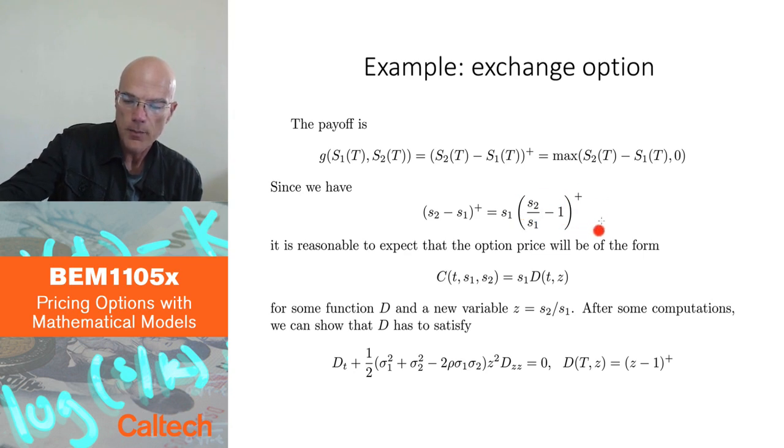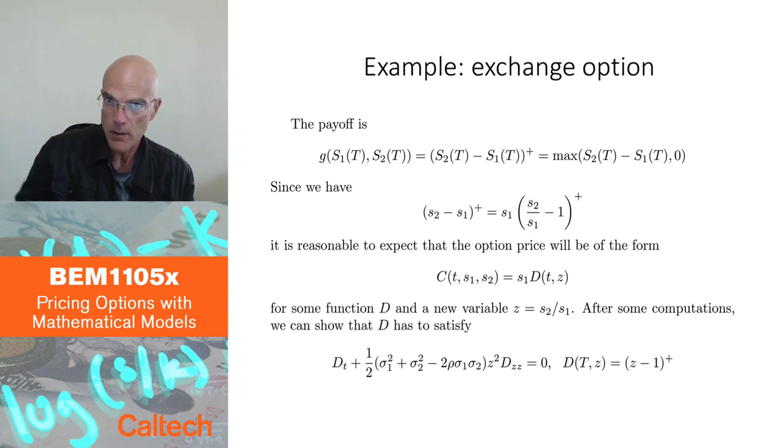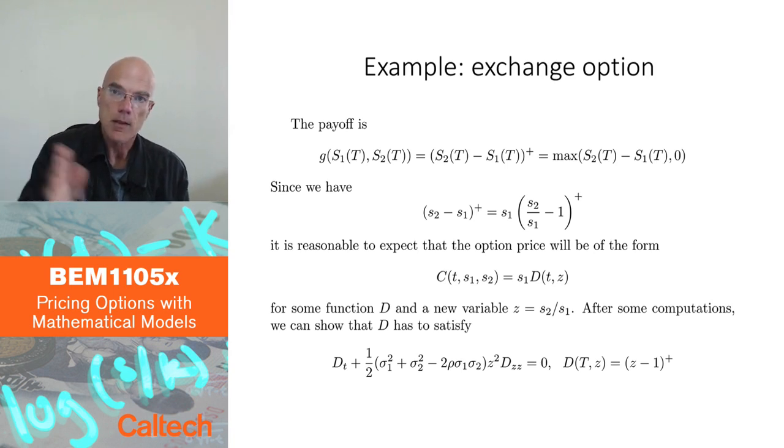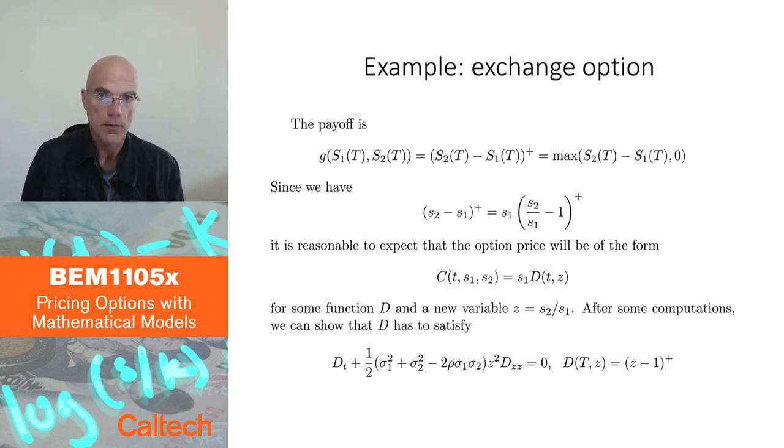And then you are hoping, well, maybe this is happening at maturity, maybe something like this will also happen before maturity. It's often the case for these types of heat equations of the Black-Scholes-Merton type, that if you have some property at the end, at maturity, it might hold also for times before maturity.